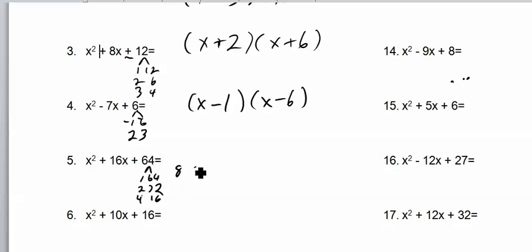So 8 and 8. When I add 8 and 8, I get 16. So those are my two terms that I need. Plus 8, plus 8, and because it's positive 16, both of these are plus.